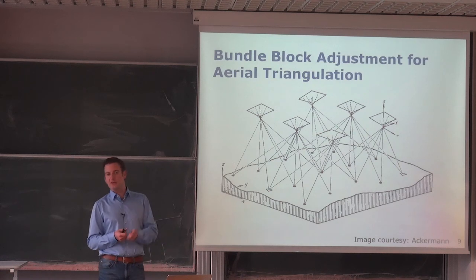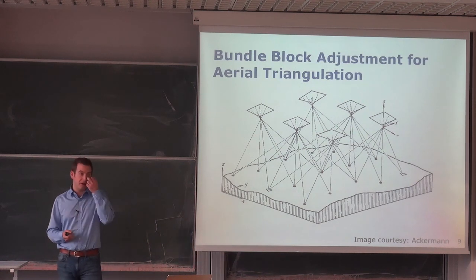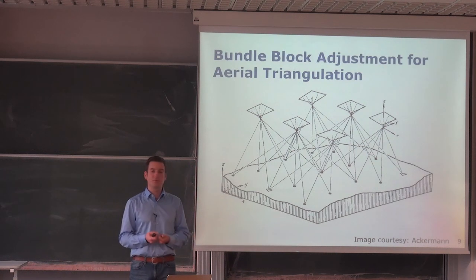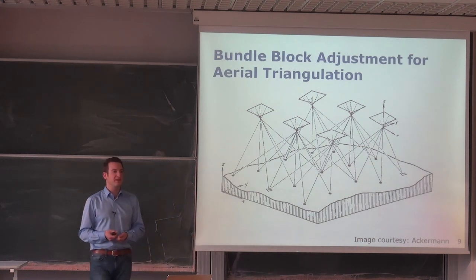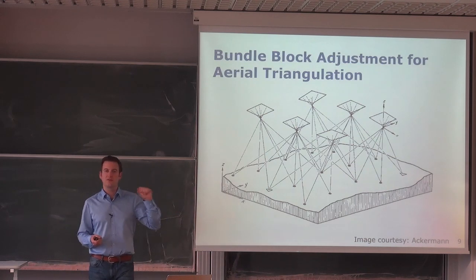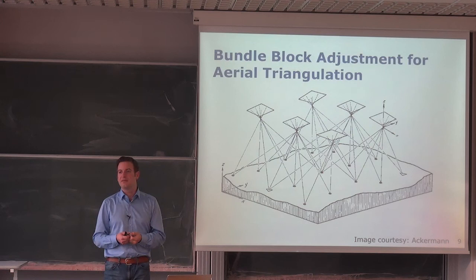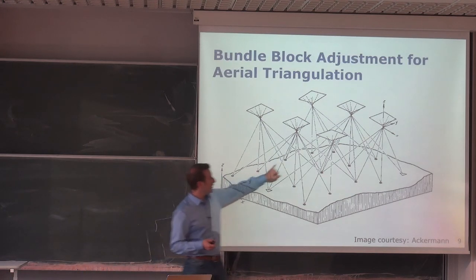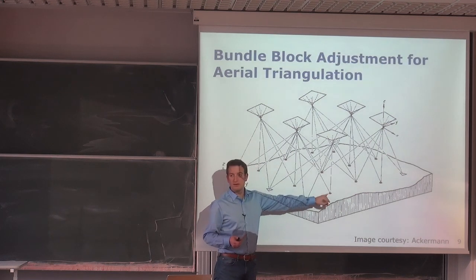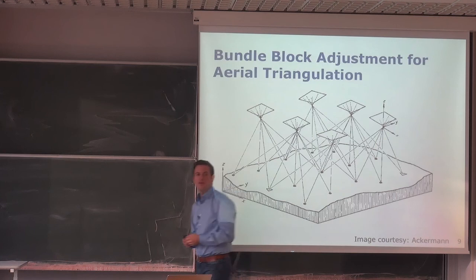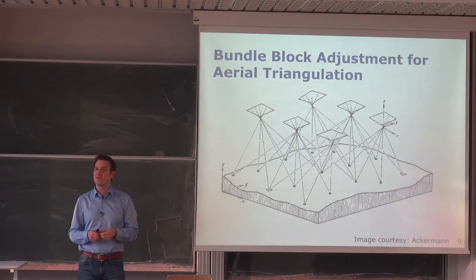That means there are distinct points, traditionally selected by a manual operator, but in modern systems typically done with automatic feature extraction, identifying the same point in multiple images, and then the task is to estimate the coordinates of the individual points in the environment, for example, those points over here, as well as the locations of the cameras from which those images have been taken.